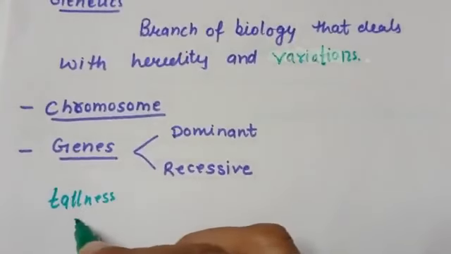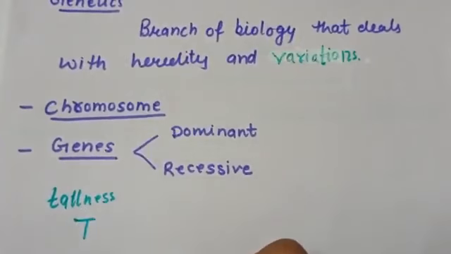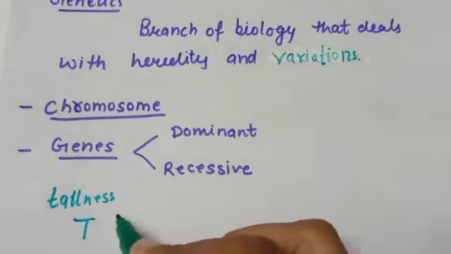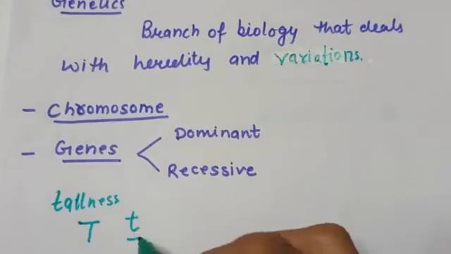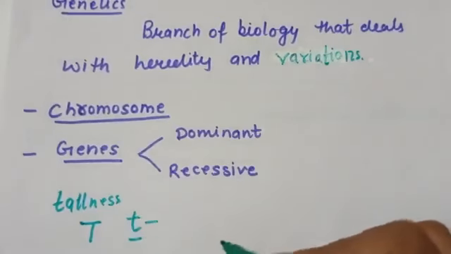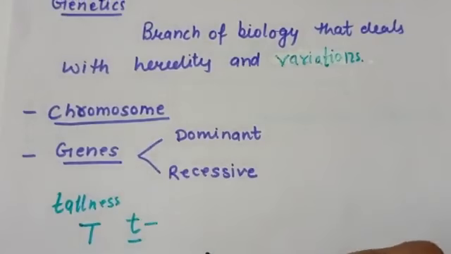So capital T will be used for the representation of tallness, and small t will be used to show the dwarfness. So genes that control the same characteristic of an organism.